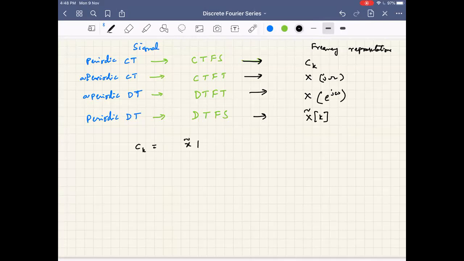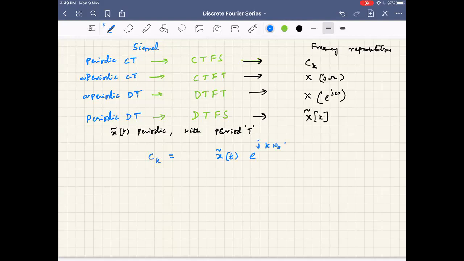If we have a periodic signal x tilde of t in time domain, with period T, then to get the frequency domain representation of this periodic continuous time signal, we find out the projections or the correlations with respect to the continuous time complex exponentials of the nature e power j k omega naught t, right?